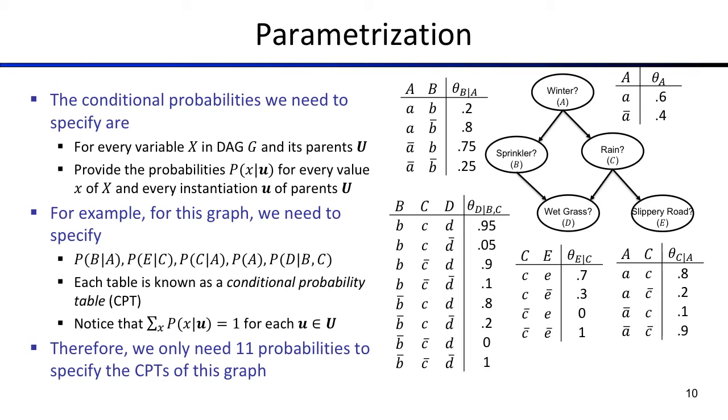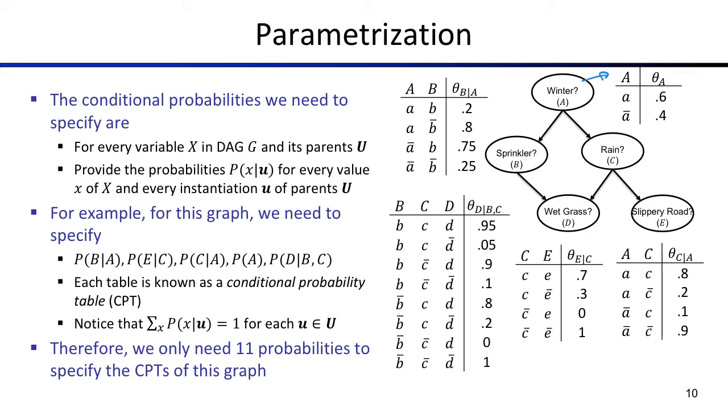So if we look here on the top, we have this variable winter. That's the variable A, and this is the conditional probability table for this variable. As it has no parents, there is no conditioning variable, so it will be a prior. So we have the probability of A and not A. A is winter, so there is a probability of being in winter or not being in winter.